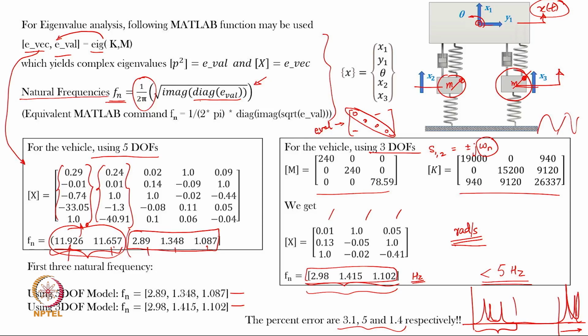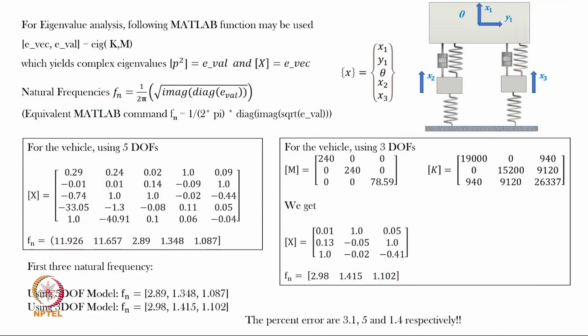Now, these are not going to show you a mode shape in a very nice way, but supposing we look at this mode shape, okay, and then these degrees of freedom are like x1, y1 and theta, then the lowest mode here is showing that if the mass moves 1 unit in the y direction, that means there is a surge motion of this chassis horizontally, there is a strong theta motion that happens.